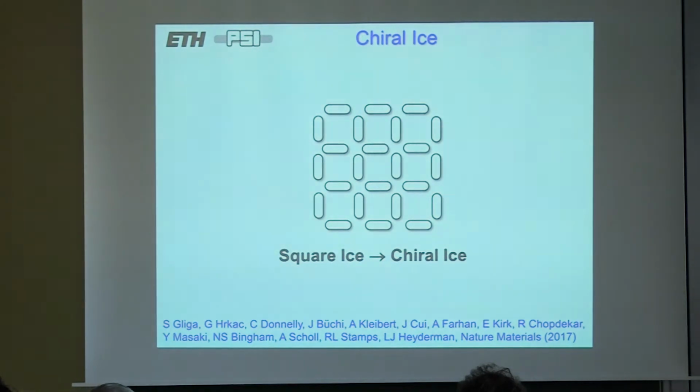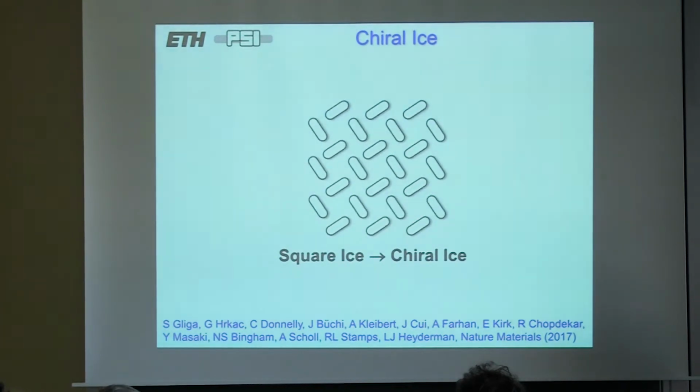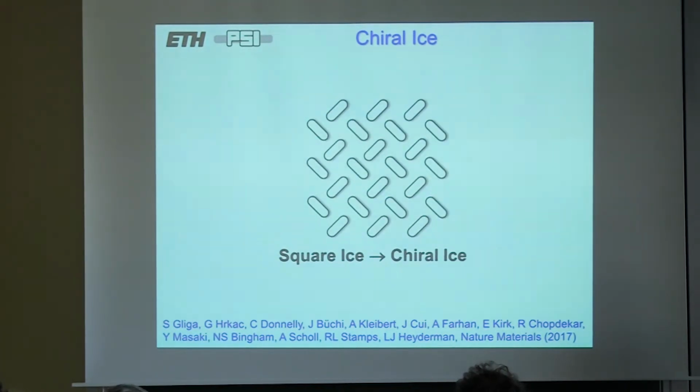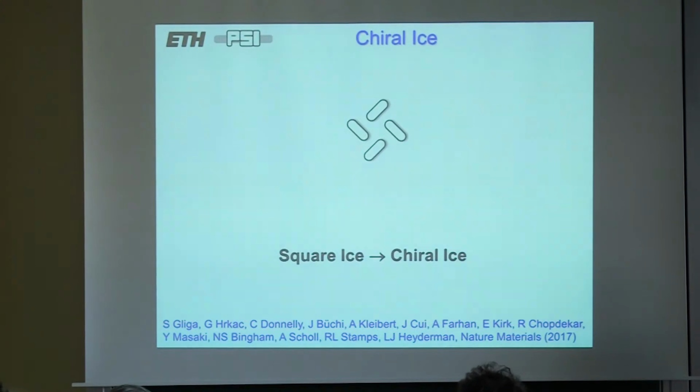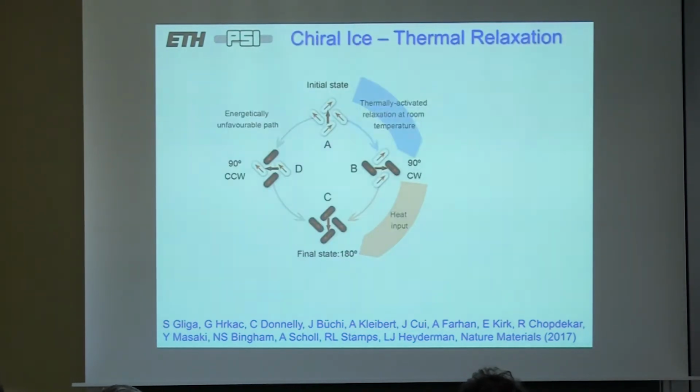Now, another thing you can do is look at dynamic chirality. And for this, I now turn to something called the chiral ice. So you start with a square ice and rotate the nanomagnets by 45 degrees. And if I take a single plaquette and add the moments and add the average magnetization direction, I can consider what happens during thermal relaxation.